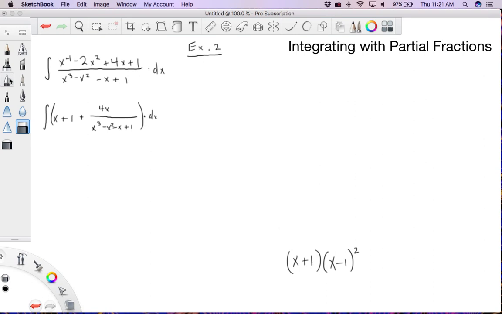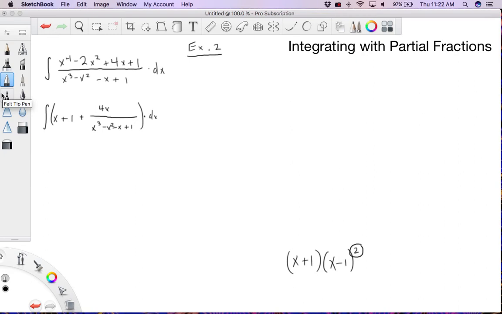If any of your factors have a multiplicity greater than 1, such as our x minus 1 factor here, something new is going to happen compared to example 1.